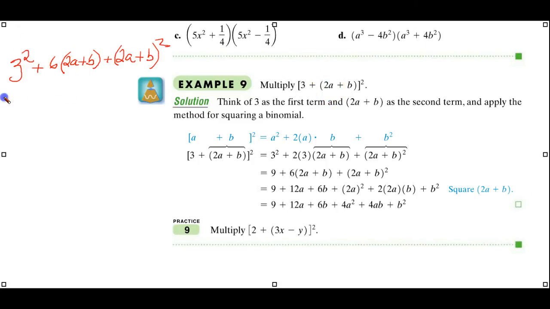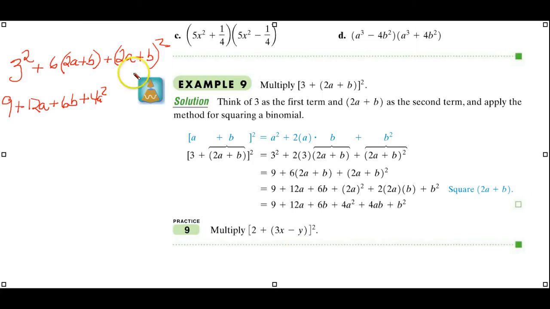So this is going to be 9. And this will be 12a. And this is going to be 6b. And then we're going to square that. And that's going to be 4a squared.